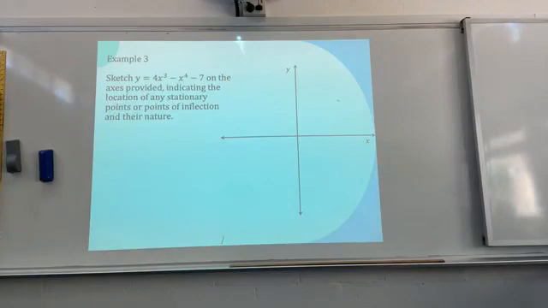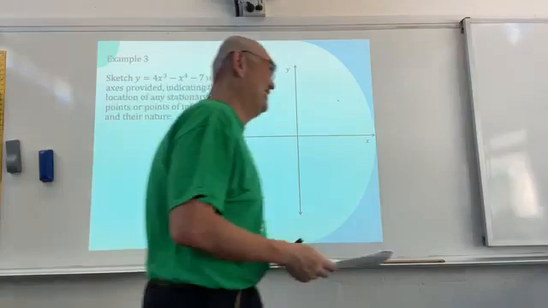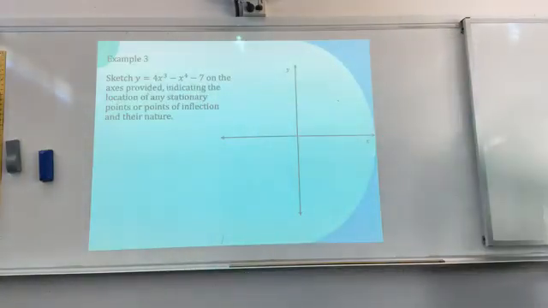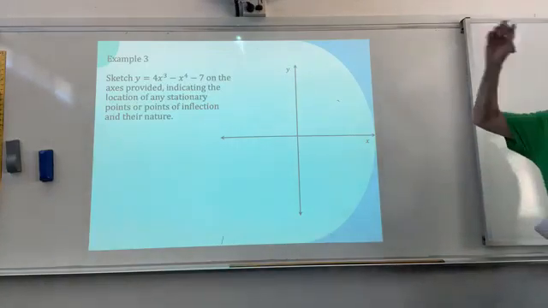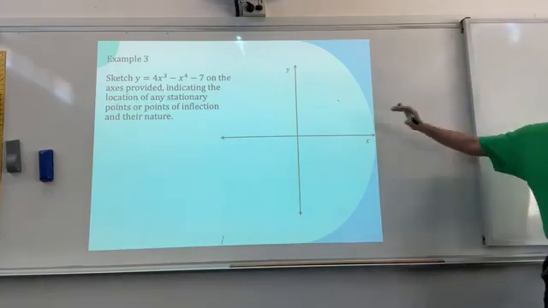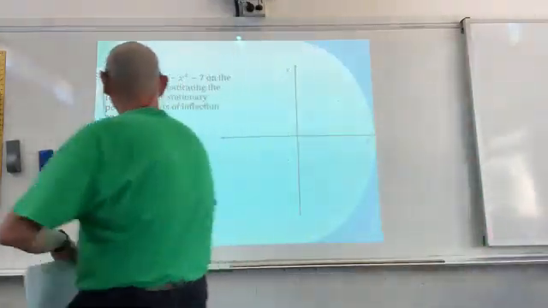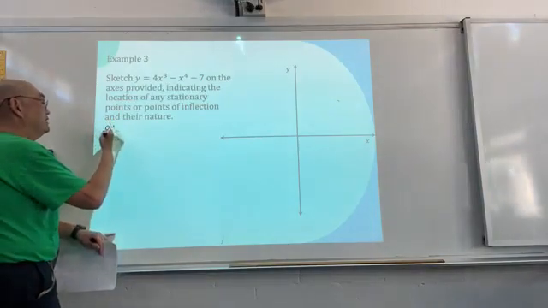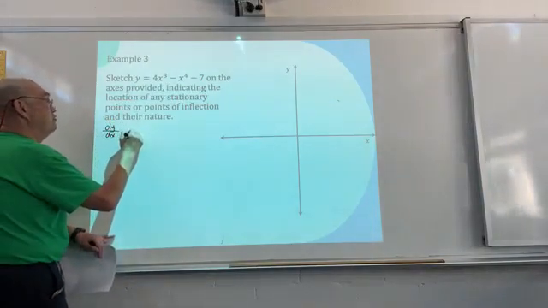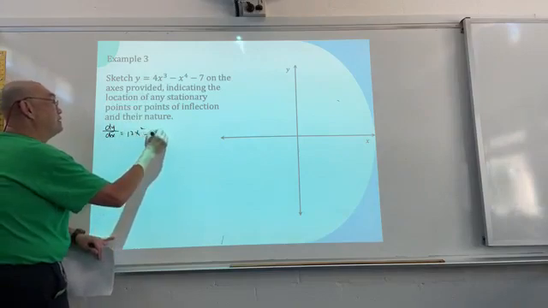You need to be able to sketch it. It's really interesting, this one. What I would do when looking at a question like this is straight away derive dy/dx, which is 12x squared minus 4x cubed.